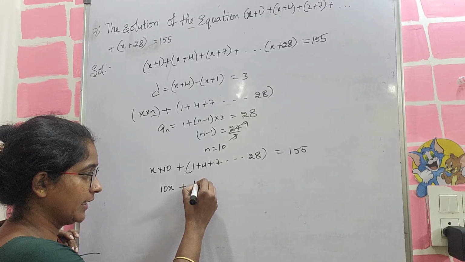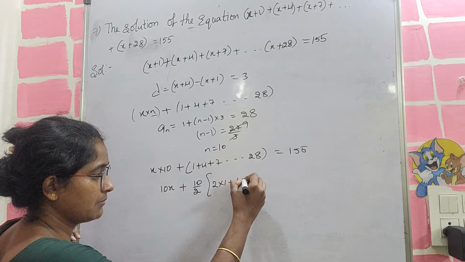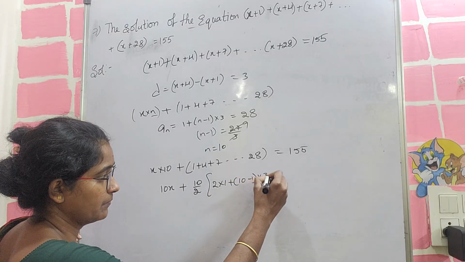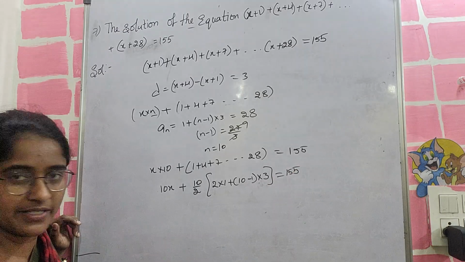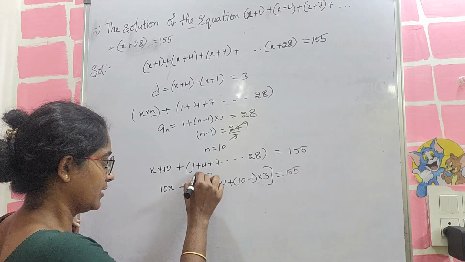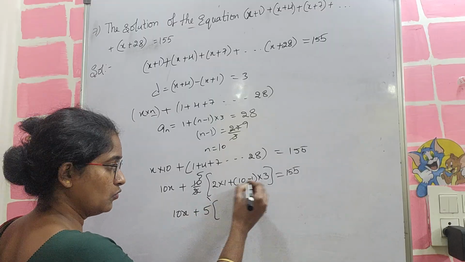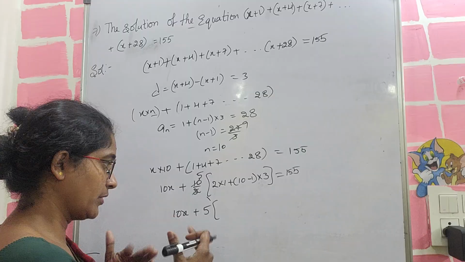That is 10 by 2 of 2 into 1 plus 10 minus 1 into 3, equal to 155. Here we'll just find the value of x. That's it. I guess you all understood this. 10x plus 5 times (2 plus 9 times 3, which is 27, 27 plus 2 is 29).